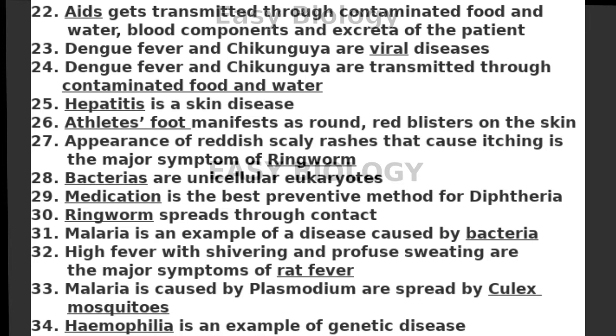AIDS gets transmitted through contaminated food and water, blood components and excreta of the patient. Here the underlined portion is AIDS. This is wrong. The correct answer is: hepatitis gets transmitted through contaminated food and water, blood components and excreta of the patient.